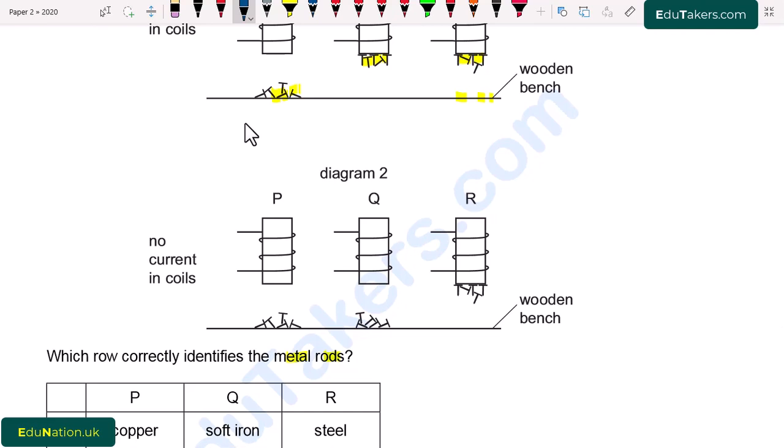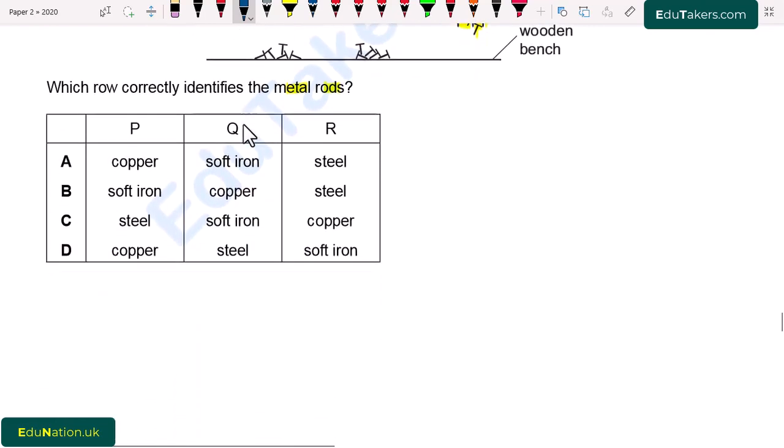Steel remains magnetized, or it attracts the nails even when there is no current passing through the coil. So in the case when no current is passing through the coil, we can see that in R the nails are still attached. So this is basically steel, while Q is iron. So from here, the MCQs: A, copper, soft iron, steel.